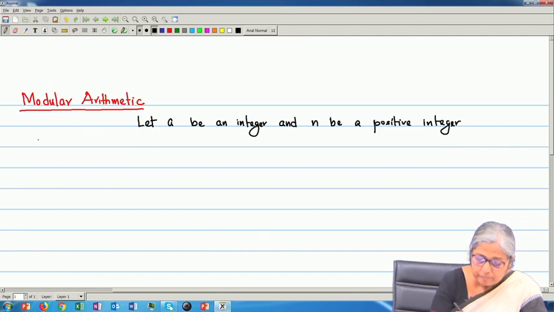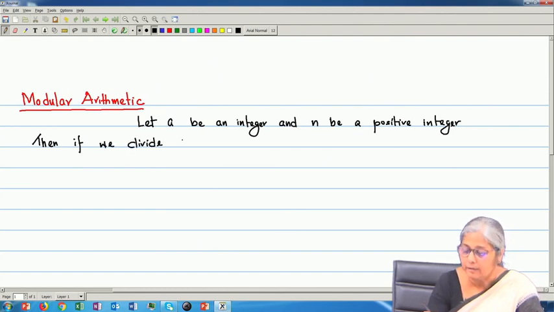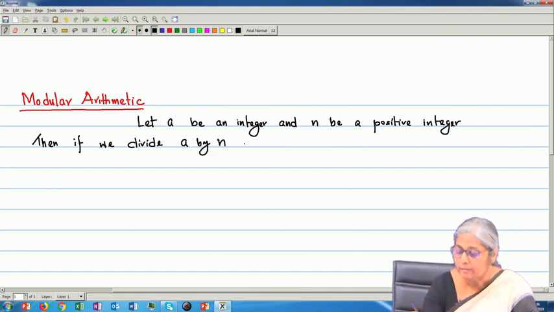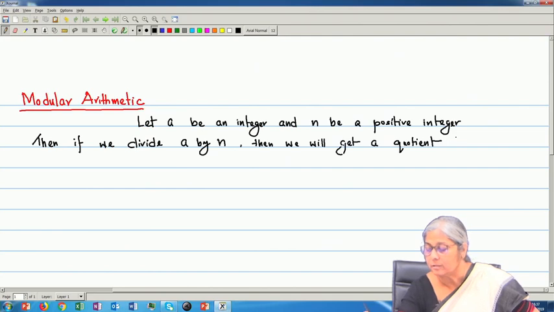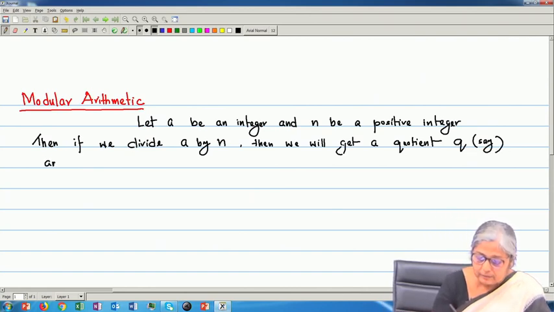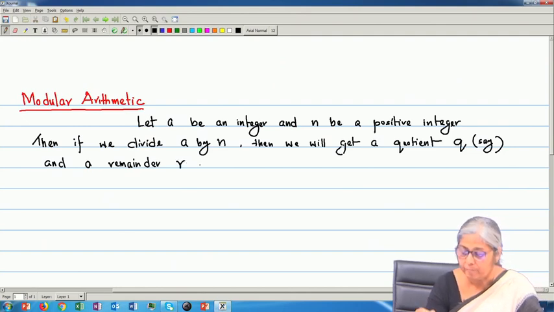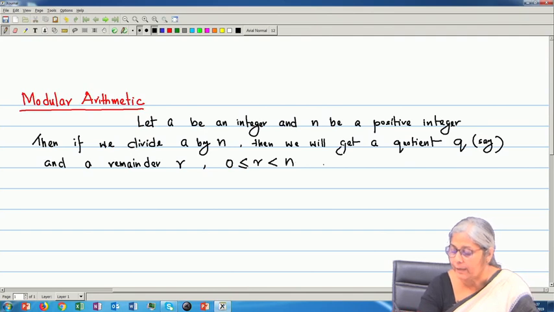Then if we divide A by n, we will get an integer quotient, say q, and a remainder r, where 0 ≤ r < n, and q and r are integers.